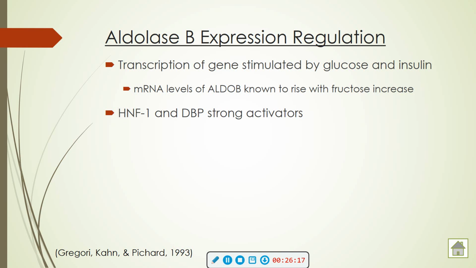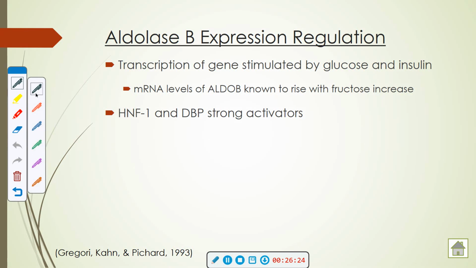Okay, hepatocyte nuclear factor. Now, a hepatocyte, I probably should write that down here. Let's get that down as a visual. HEPATOCYTE. Okay, this is a type of cell. It is a major cell found in the liver. Now remember when I talked about where this specific enzyme was expressed, it was expressed mainly in the kidneys and liver.